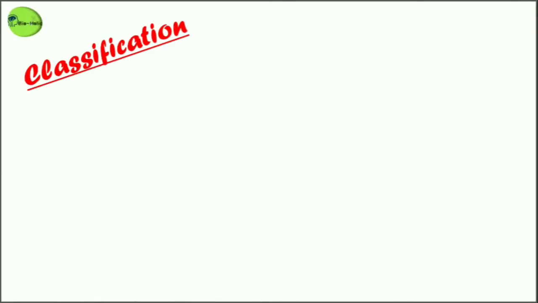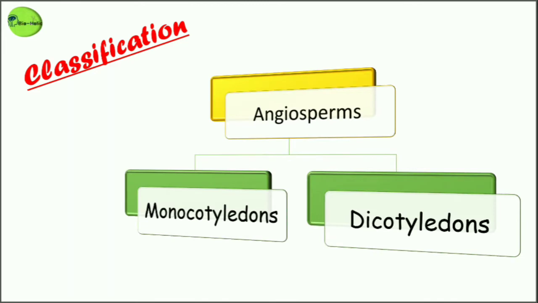Now the classification. As I have told before, the angiosperms are divided into 2 classes on the basis of their number of embryonic leaves or cotyledons, that is monocotyledons and dicotyledons. These 2 are commonly spoken of as monocots and dicots.